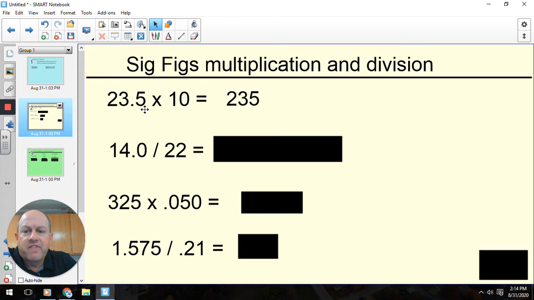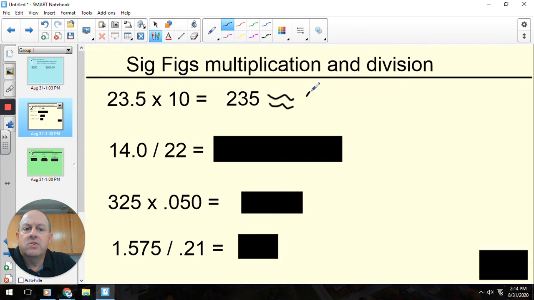So what we mean by smallest is how many significant figures. 23.5 had 3. We learned that from the last lesson. And then 10, with no decimal point, only has 1 sig fig. So our answer has to be rounded to 1 significant figure. As we round that, we would get an answer of 200.